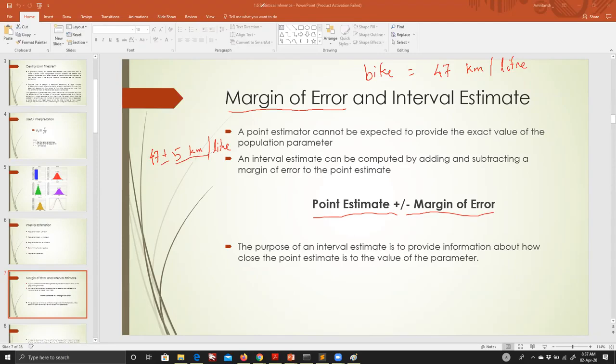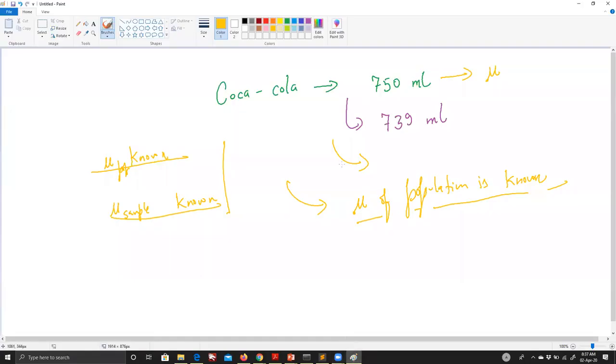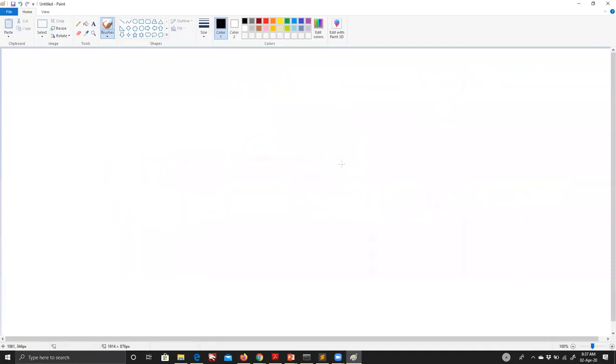Okay. Now let's take the example again, just to understand everything properly. I got 739 ml and I'm very angry about this.